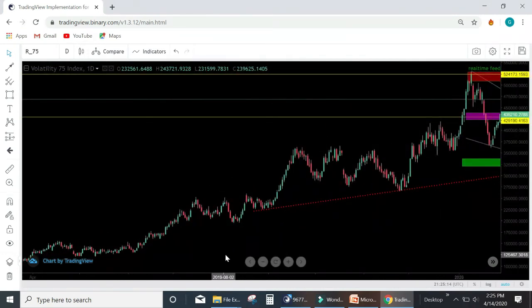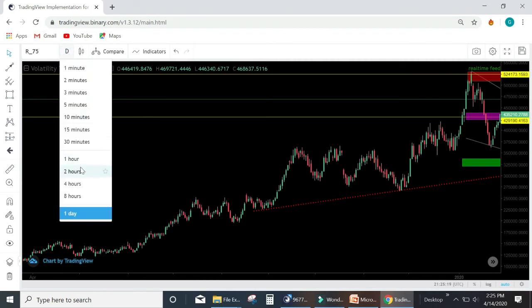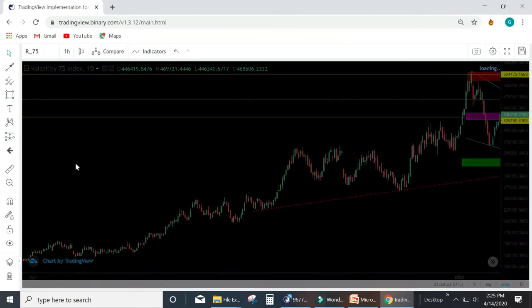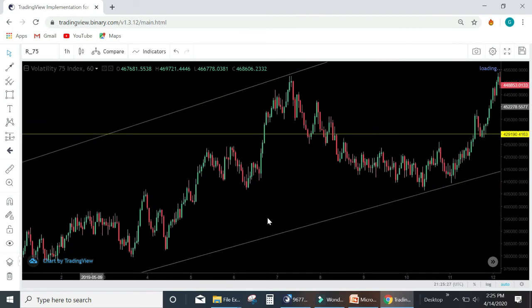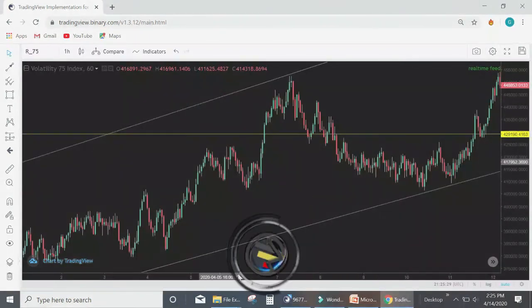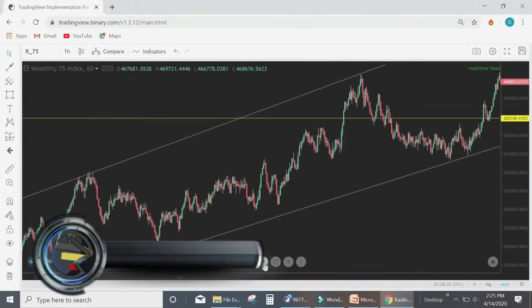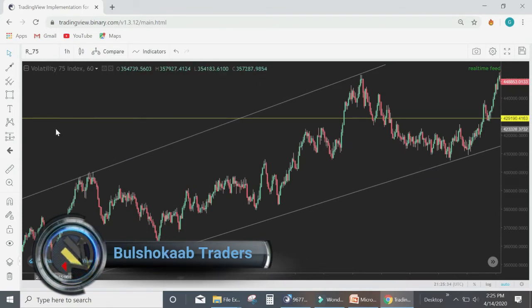Whenever you see more candles that move the same and are not going up or down, then you can recognize that at that time the market was consolidating.